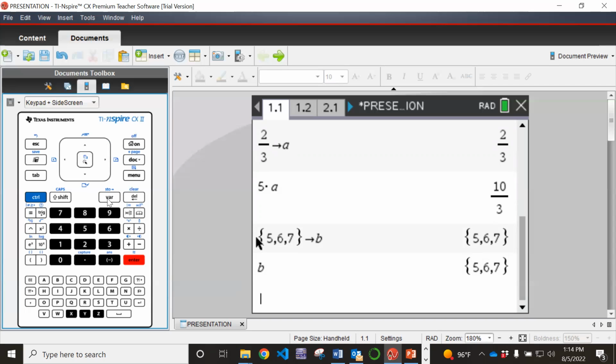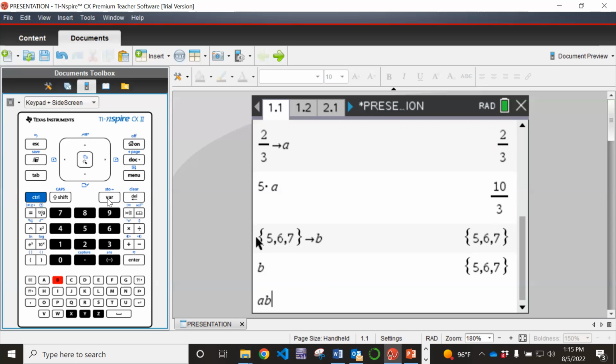Suppose I wanted to multiply the A value that I had before times this B list. Well, if I type in AB, when I type in A, it goes bold. Whenever I type in B, it's now all italicized. Here's a big thing about the Nspire.